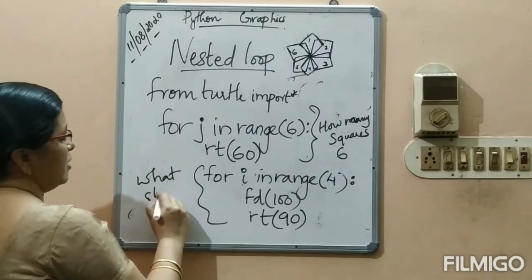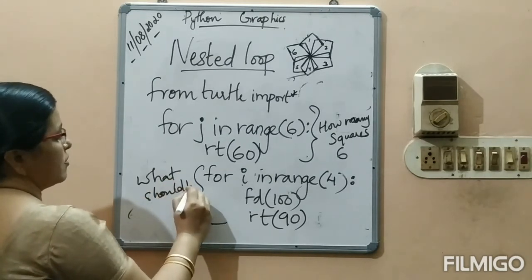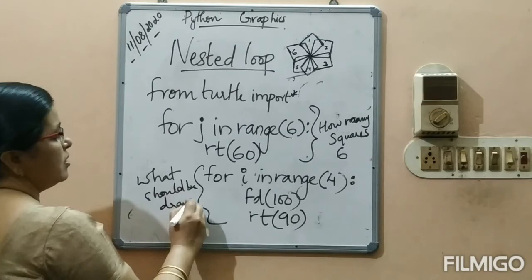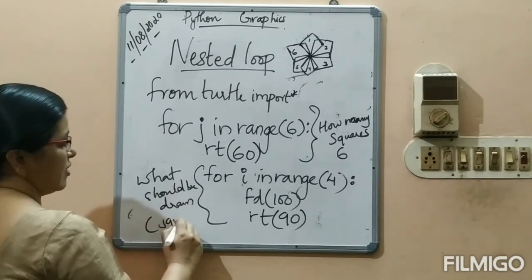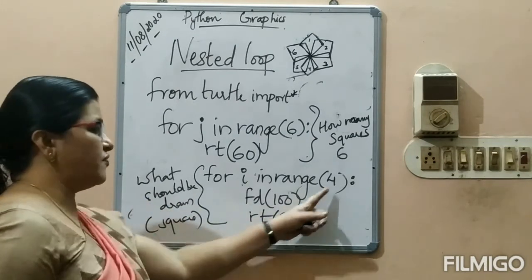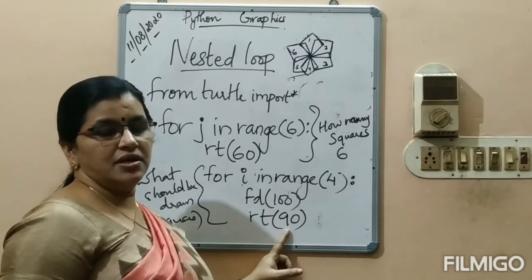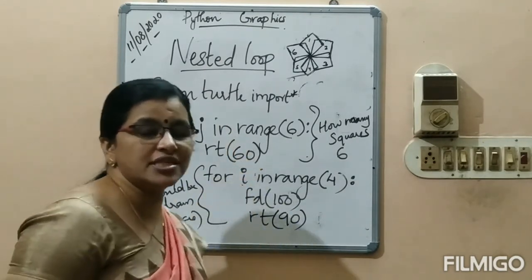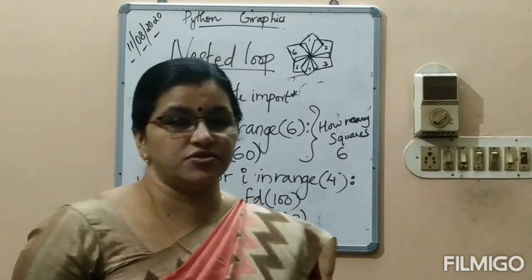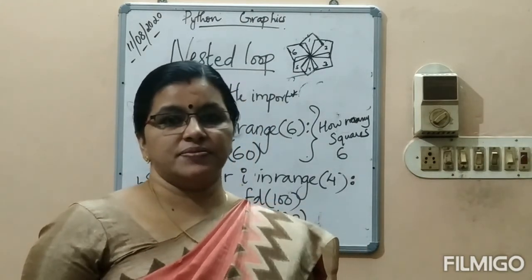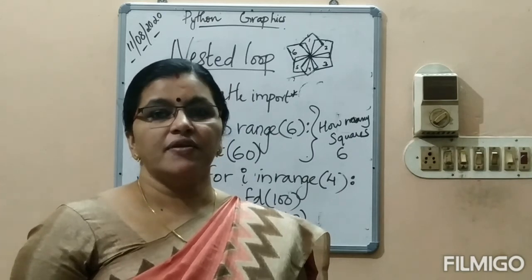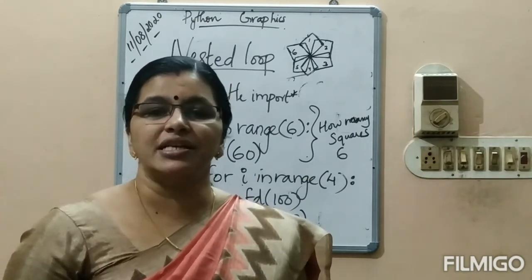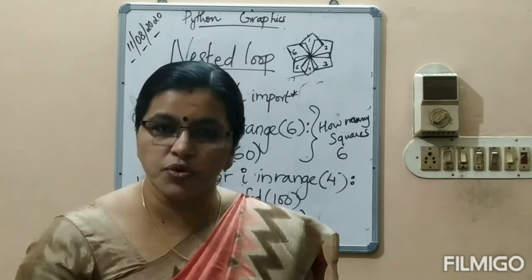Square. If it is a square, you have to write 4, 90. Is it clear? This is nested loop. Where do we use nested loop? To draw patterns. You will see in the practical section. Let's move on to the practical.